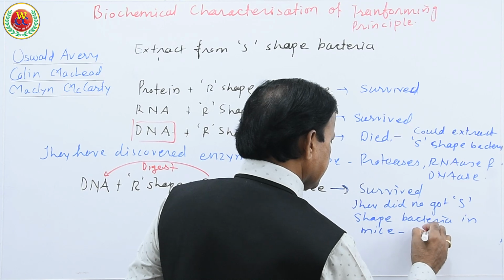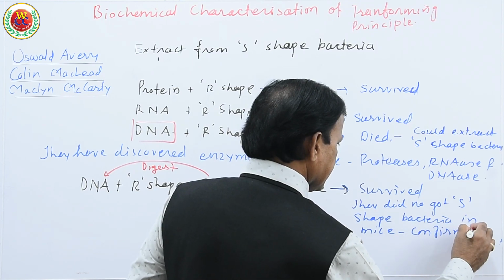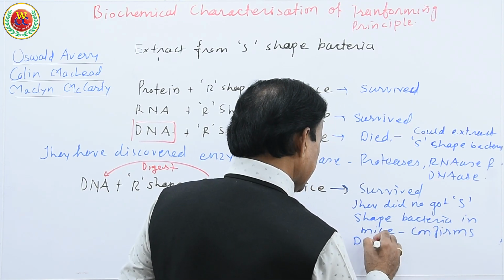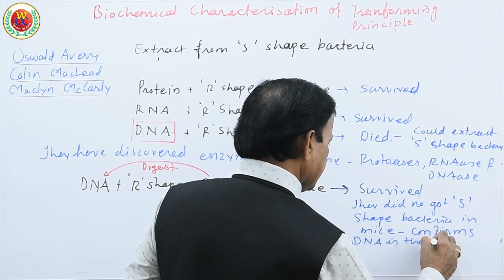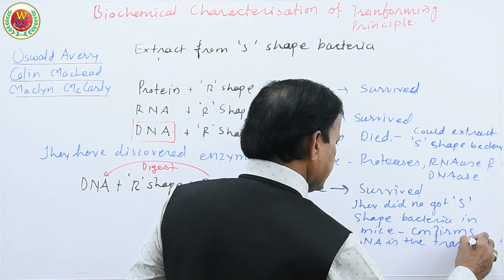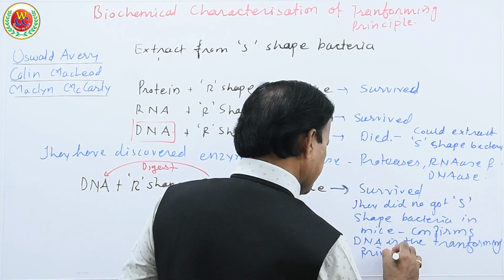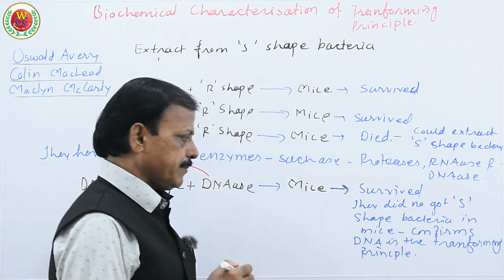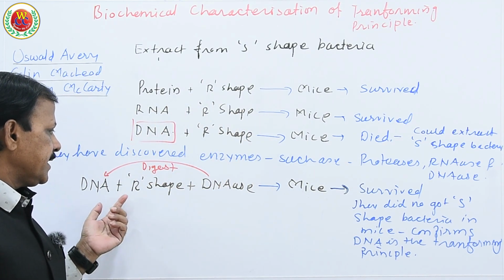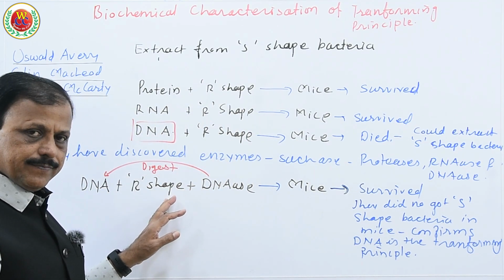That confirms DNA is the transforming principle of the Griffith experiment, because DNA transformed R-shape into S-shape.